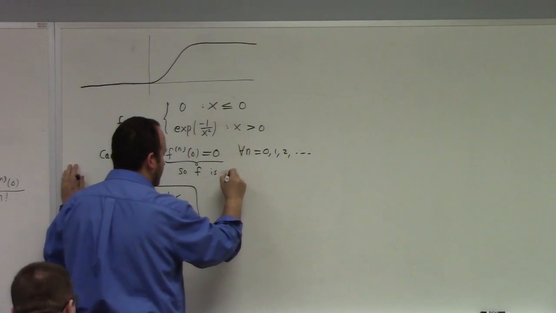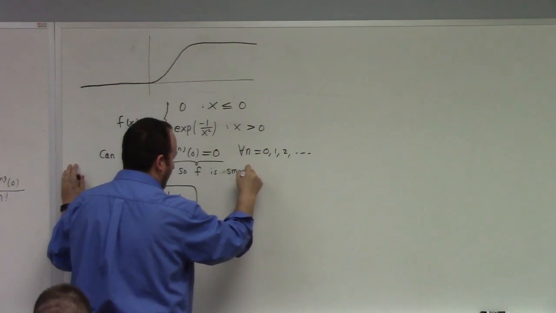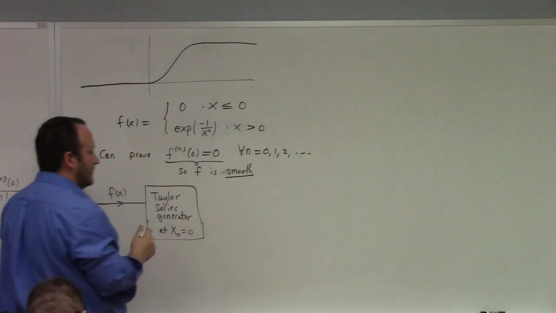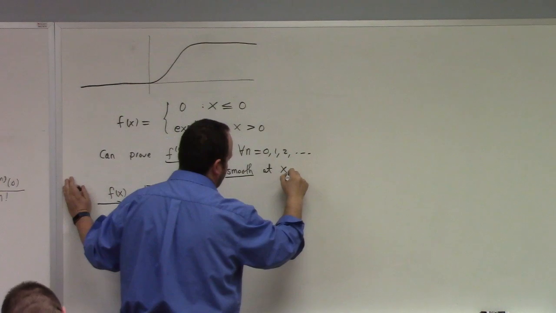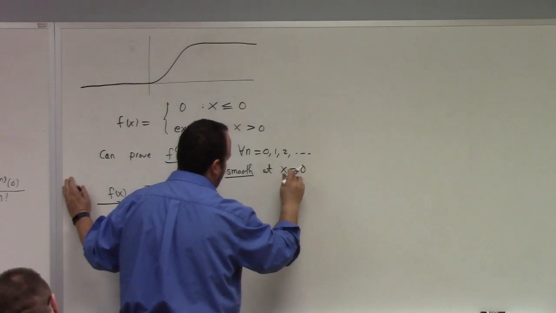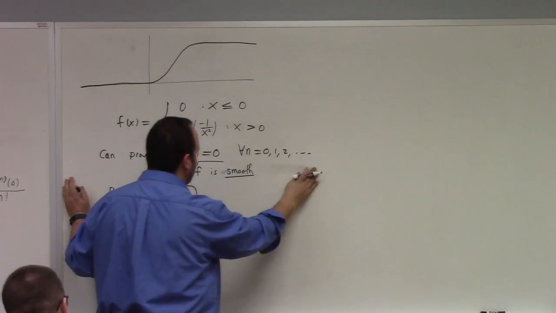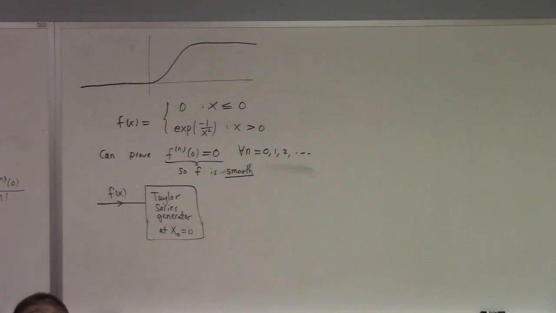We say a function is smooth. Well, in fact, this function's everywhere smooth. That means that the second derivatives, the third derivatives, arbitrary derivatives of the function exist and are continuous. The function I have graphed up there is a smooth function.